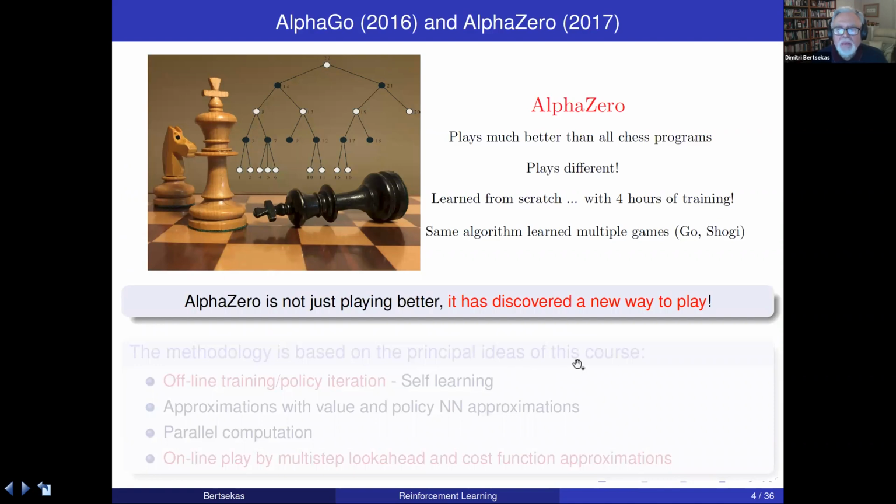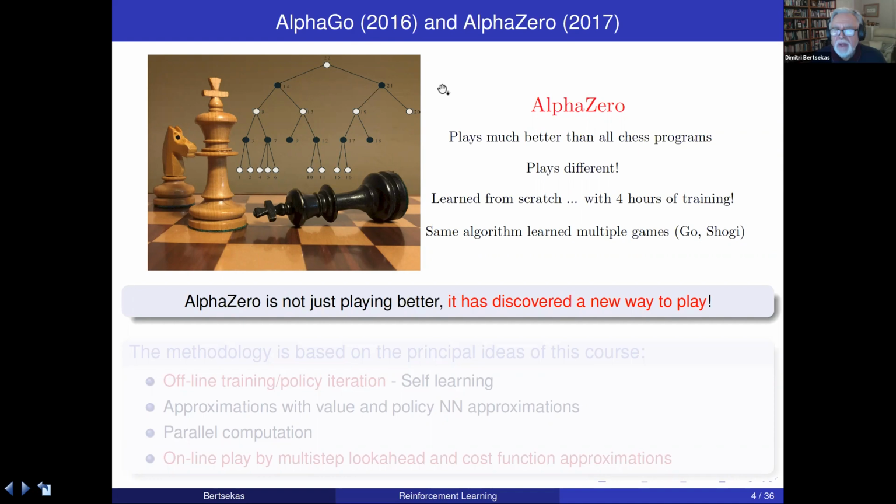AlphaZero is a program that plays chess and also other games. The predecessor of AlphaZero was AlphaGo. AlphaZero plays better and also uses somewhat different algorithms. AlphaZero is very remarkable.